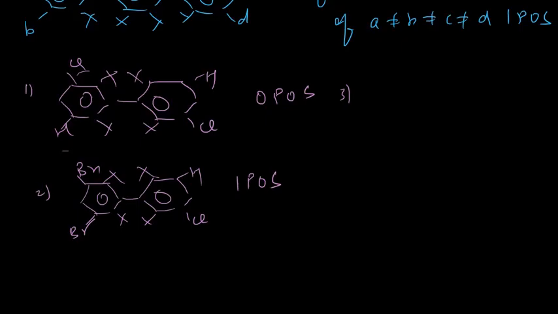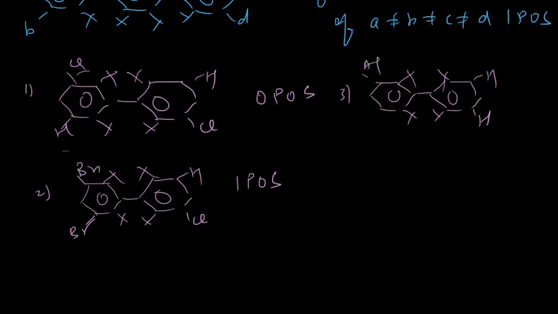Third problem. Tertiary butyl group, and we have hydrogen, then bromine. It has 2 POS. It is a hydrogen. It has 2 POS.